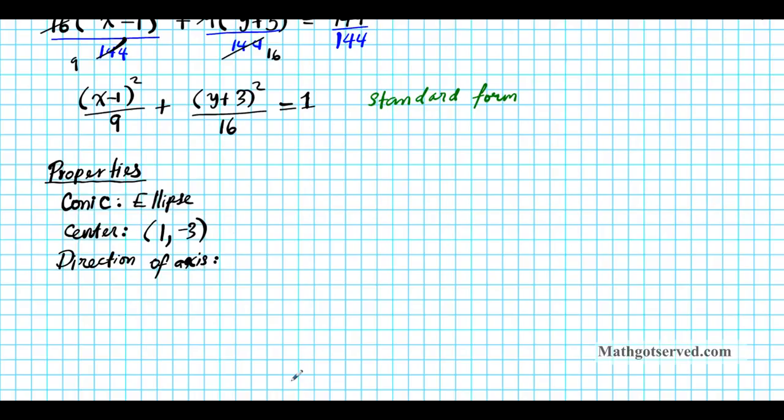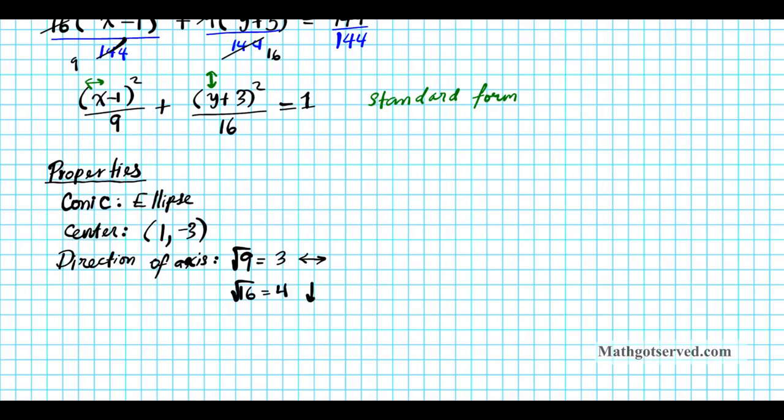Now, you know that the x-axis goes side to side. That impacts the direction of this number here. And then the y-axis goes up and down, right? So let's start with the x piece. The square root of 9 is 3. So we're going to go 3 units side to side from the center. The square root of 16 is 4. So we're going to go 4 units up and down from the center.